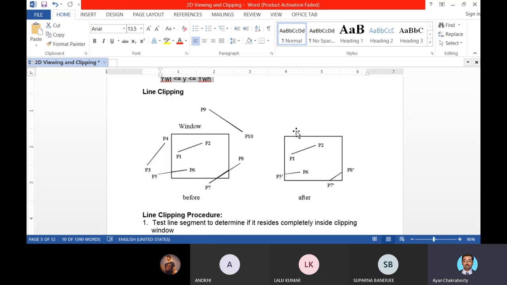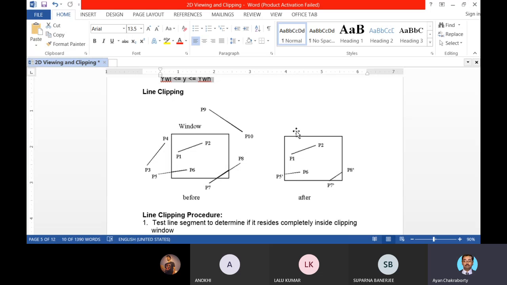So for P5, P6 and P7, P8, only that portion which is inside the window frame will be visible to the user. The other portion of these lines is outside the window, so it will be clipped. It will be truncated. It will not be visible to the viewer.